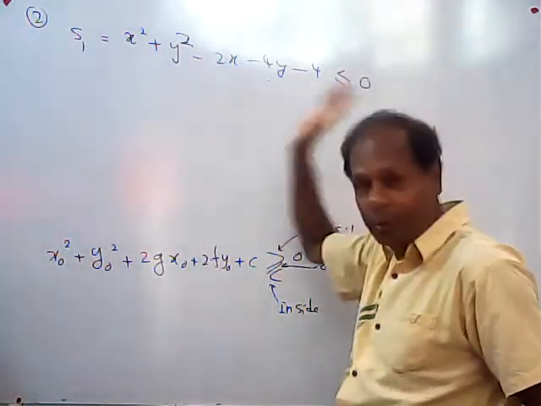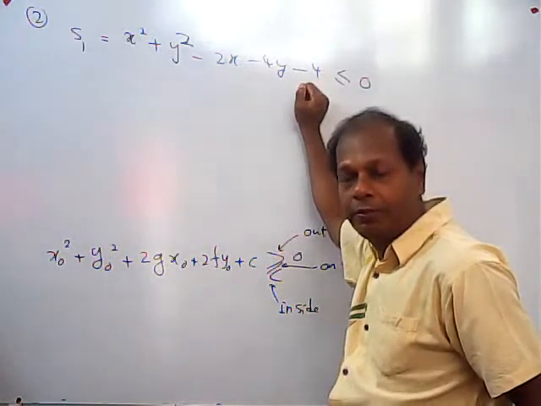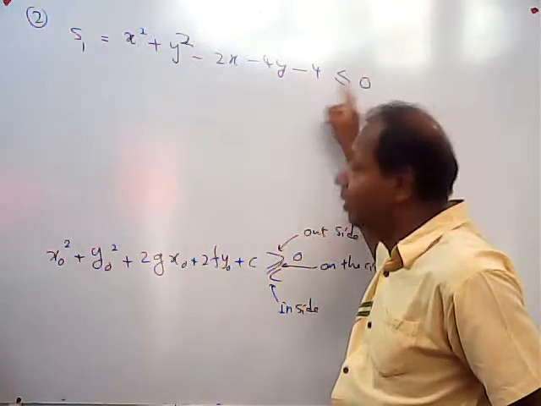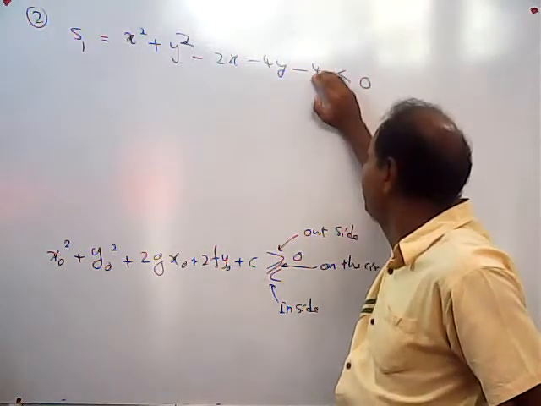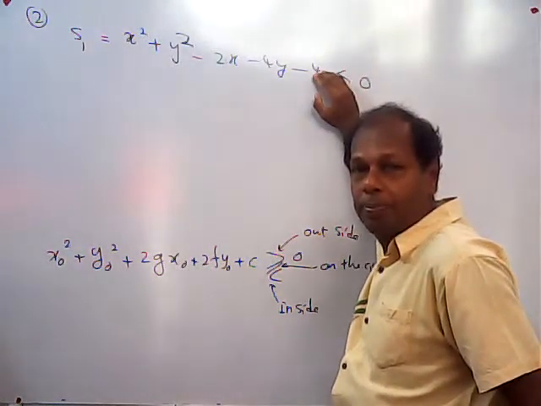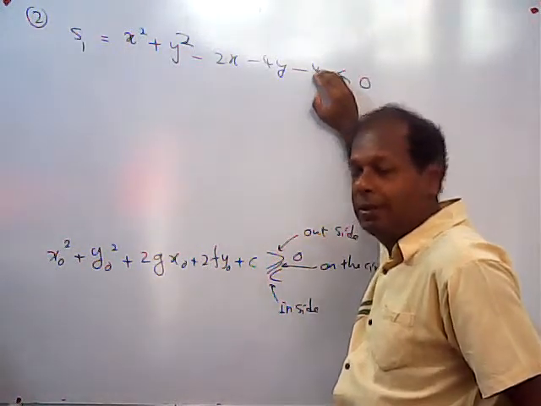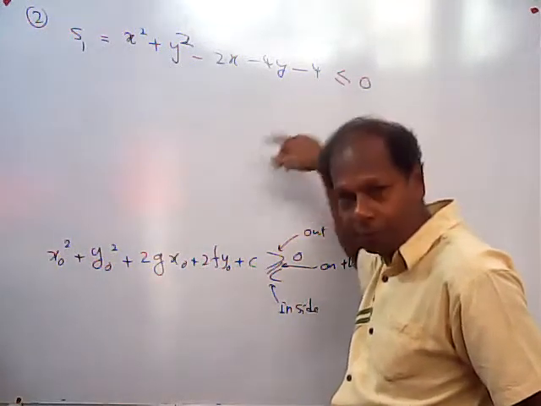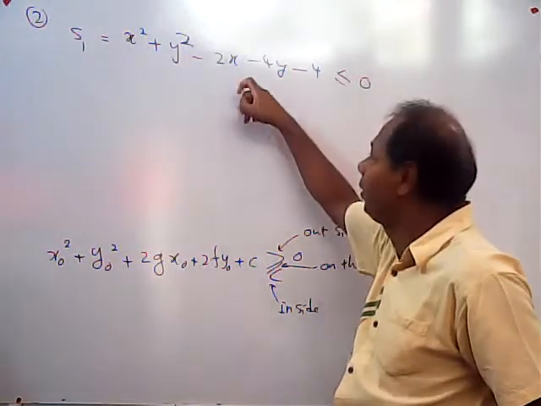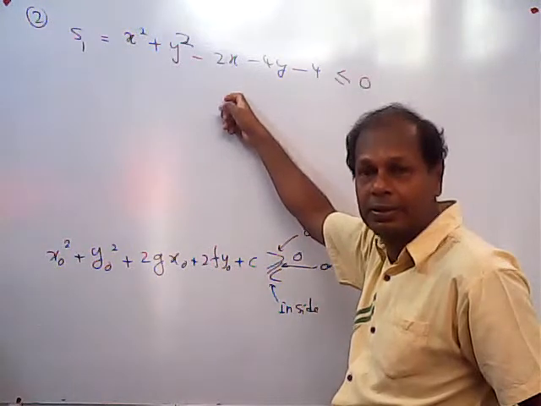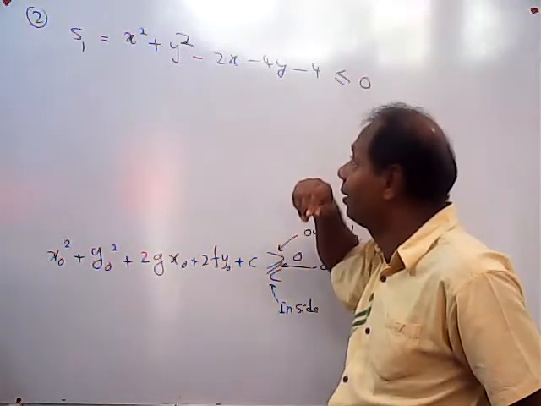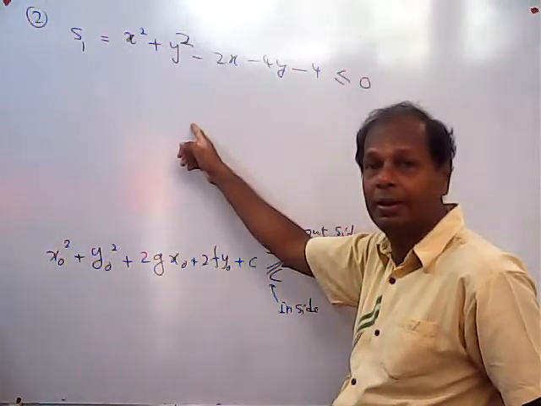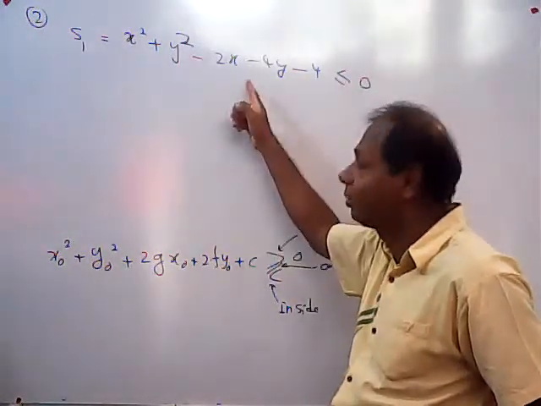You are asked to show all the points satisfying this relationship. So this is less than or equal to 0. Less than 0 means the points inside the circle, equal 0 means including the boundary also, right? So the points satisfying this inequality are the points inside and on the boundary of the particular circle.